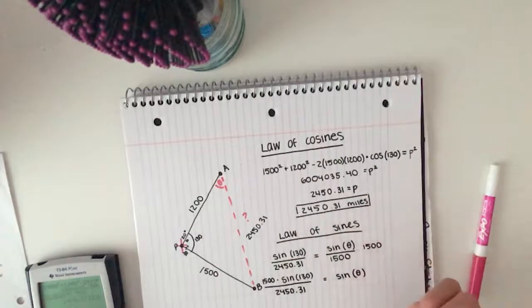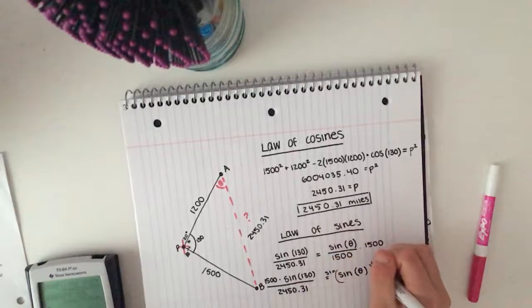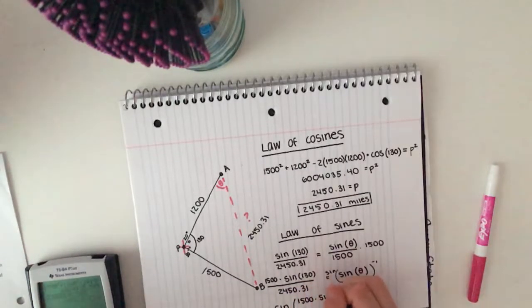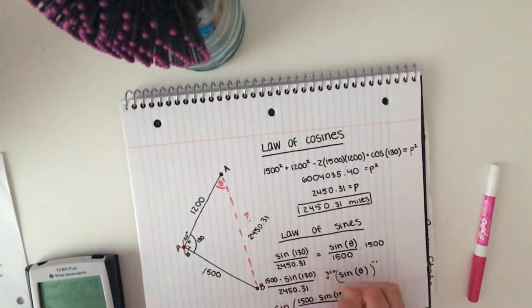But in order to find out theta, we have to do the inverse sine. So it'll be the inverse sine of 1,500 times the sine of 130 all over 2,450.31. And that'll equal theta.